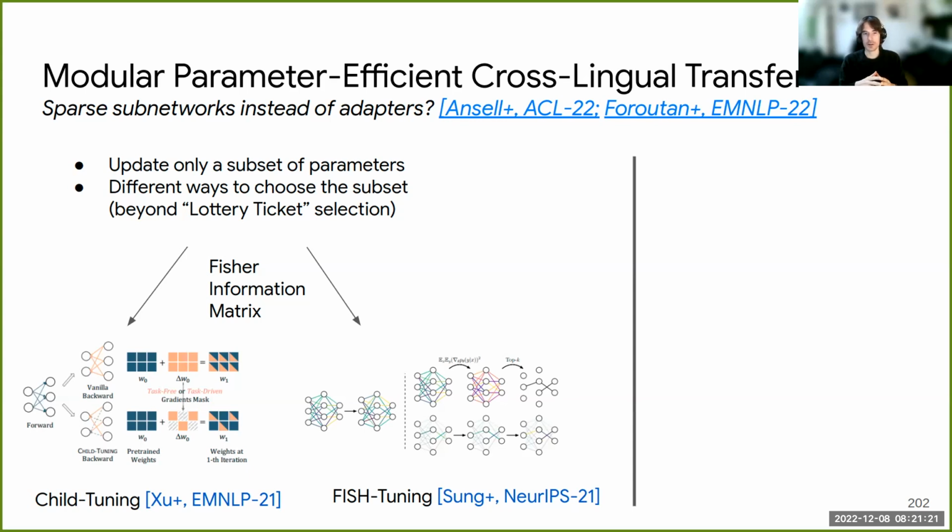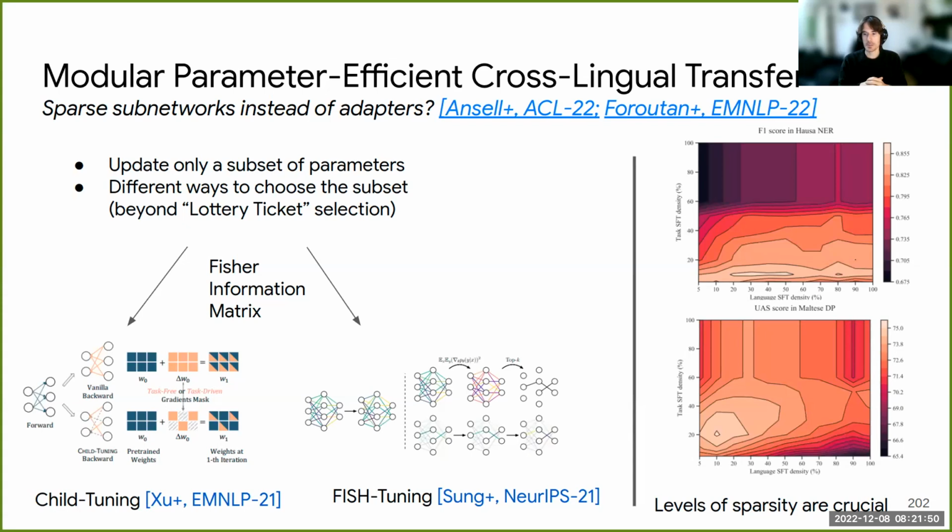So there is work which tries to approximate the Fisher information matrix to choose which parameters might have the most impact on the final behavior of the model. So you're then selecting only the top K parameters with the highest value for a specific criterion that you define. It could be the magnitude of change, it could be the Fisher information.